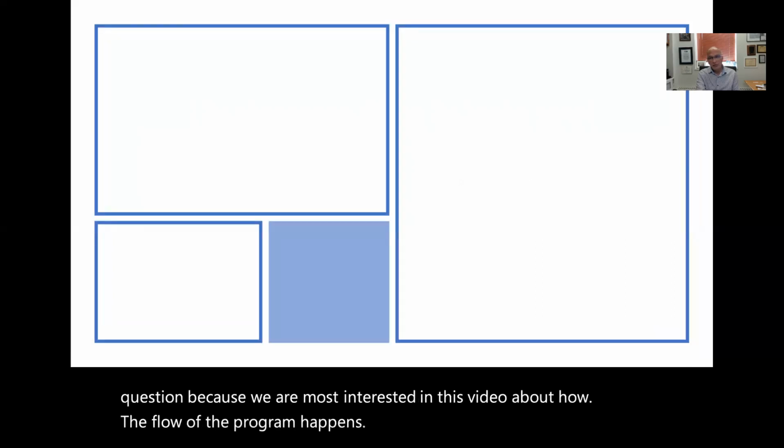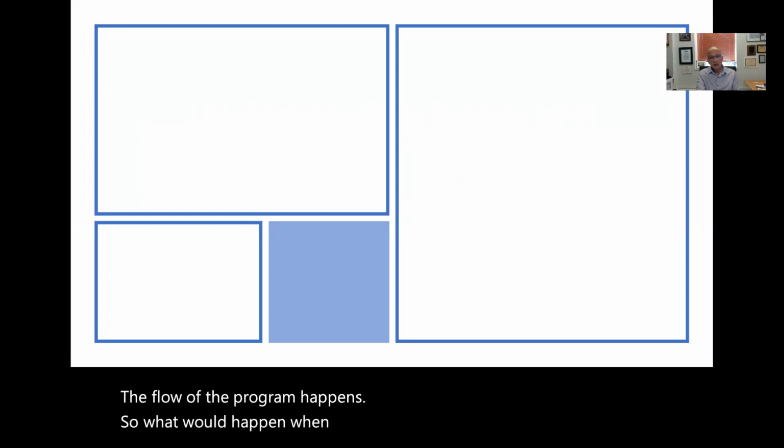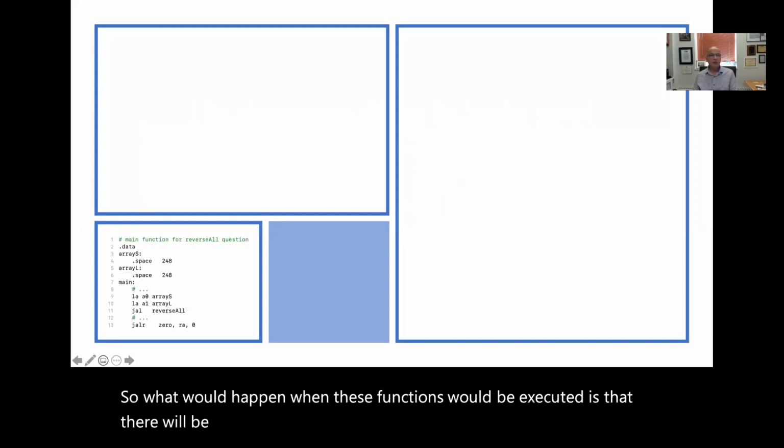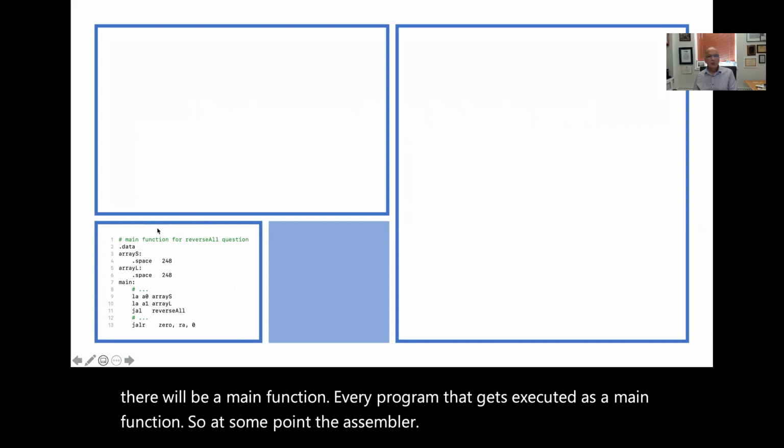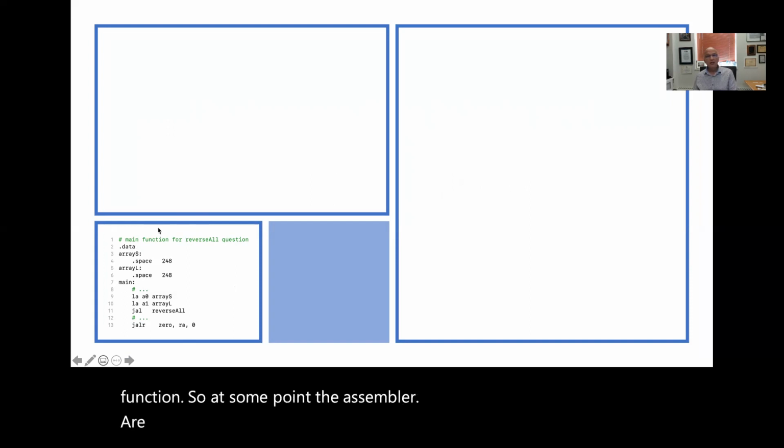So what would happen when these functions would be executed is that there will be a main function. Every program that gets executed has a main function. So at some point, the assembler or the simulator will have a jump and link instruction to the main function.